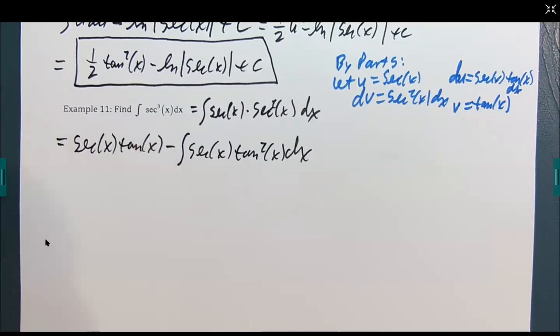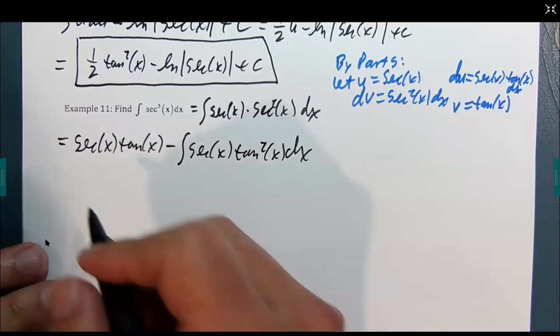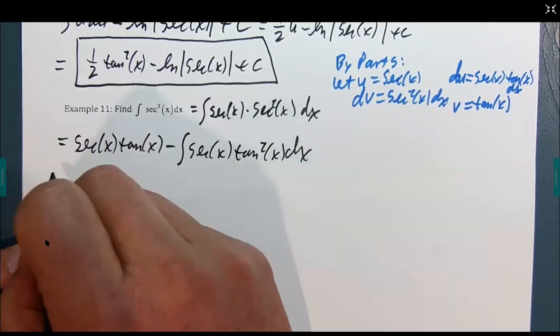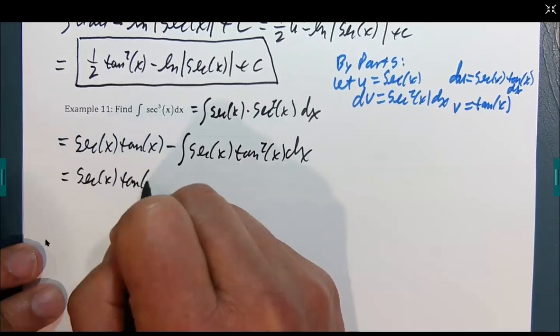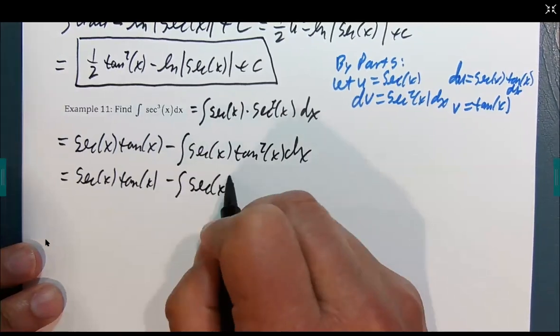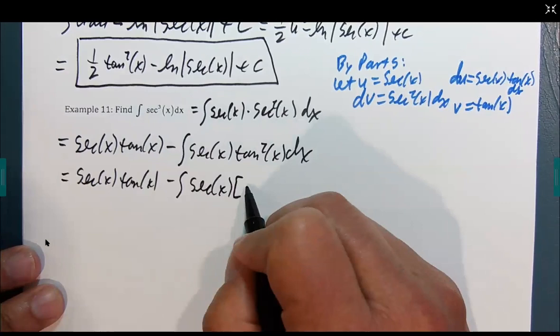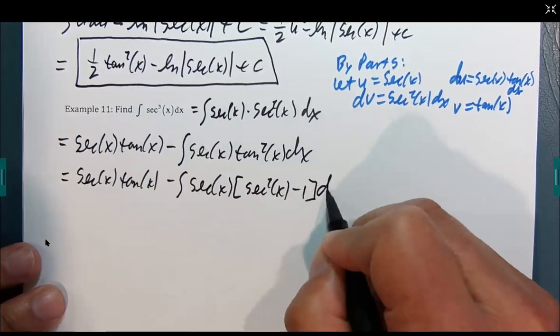Well, what I'm going to do now is transform tangent squared x into secant squared minus 1. So secant x tangent x minus the integral of secant x times secant squared x minus 1 dx.